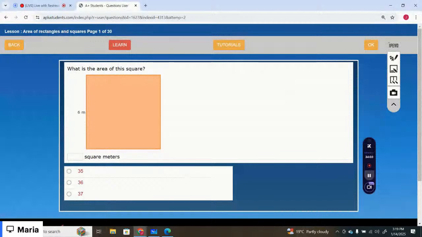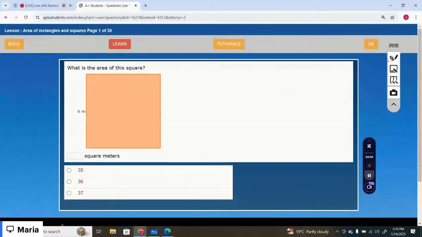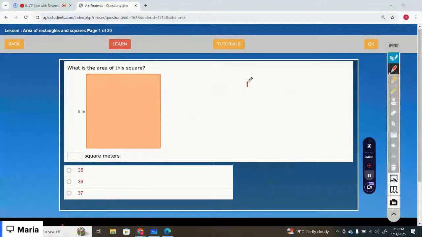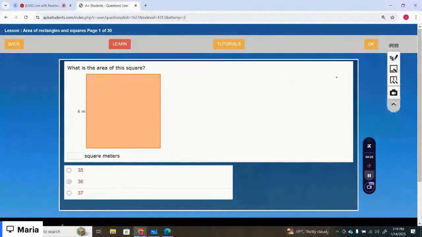The area of a square is side times side. So that is 6 times 6, that is 36. The correct option is option number 2, 36. Got it?